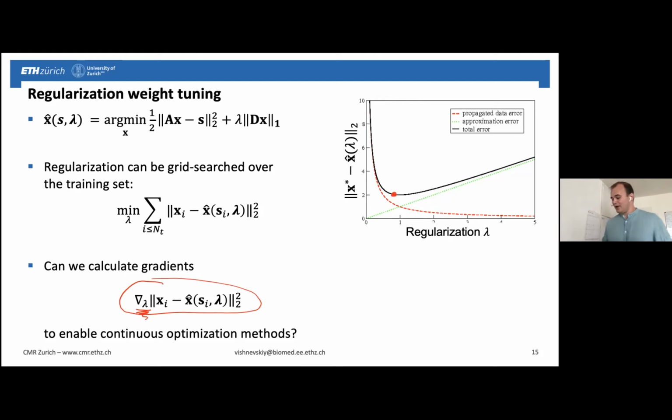Well, if we apply the chain rule to this expression, we obviously can differentiate through the L2 norm, right? But then we have to take the derivative of the reconstruction with respect to the regularization parameter. And symbolically speaking, we cannot just move the gradient operator into the argmin. And that's the main issue.